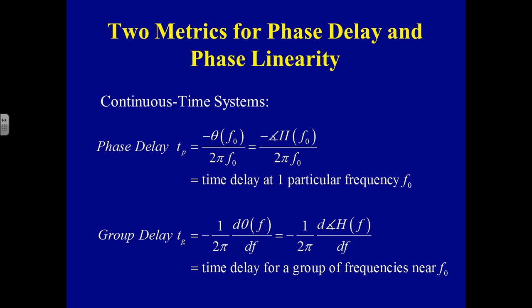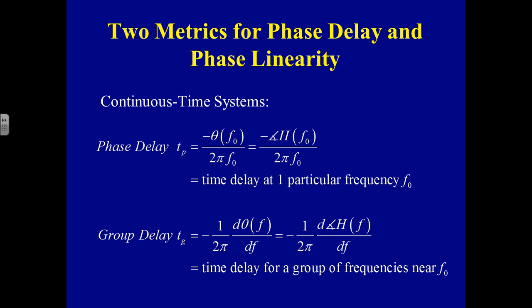One way to think about the difference is that the phase delay is basically if I took the actual value of the phase response at one particular frequency and converted that directly into how much of a time shift or time delay that represents. That would be the phase delay in time units.